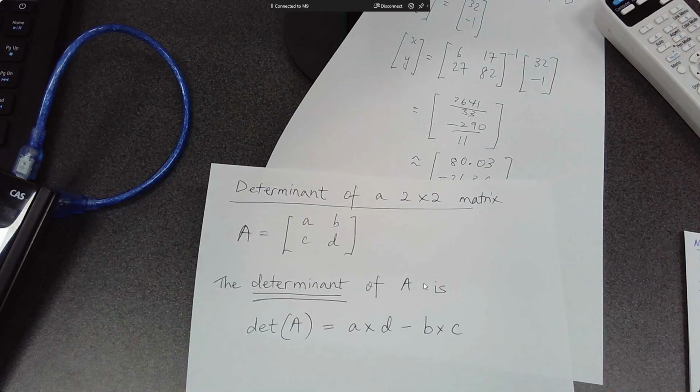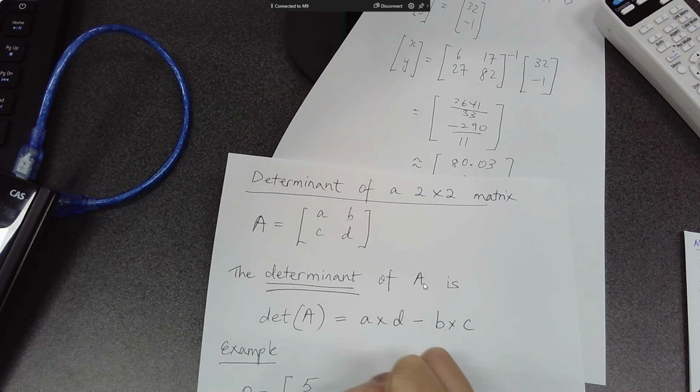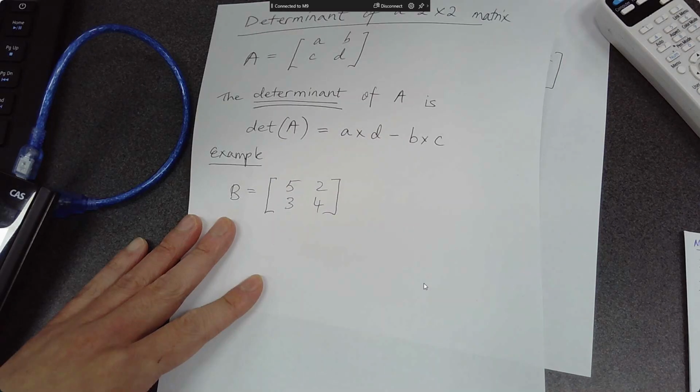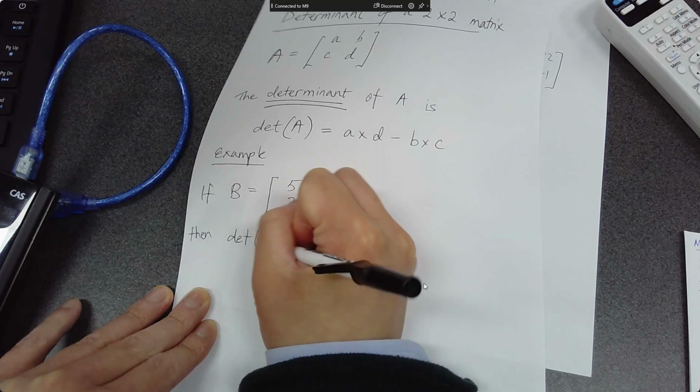So, let's do an example. If I tell you that the matrix capital B has these numbers, what is the determinant of B?